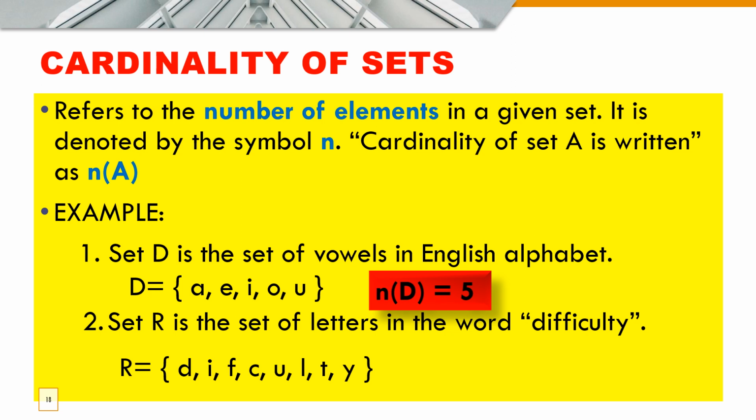So we have D, I, F, C, U, L, T, Y. And how many elements are there in the set? Right. We have here 8. Therefore, the cardinal number of set R is 8.